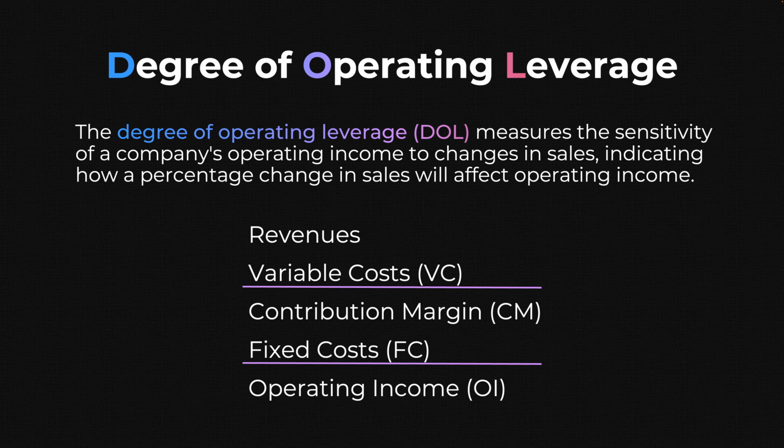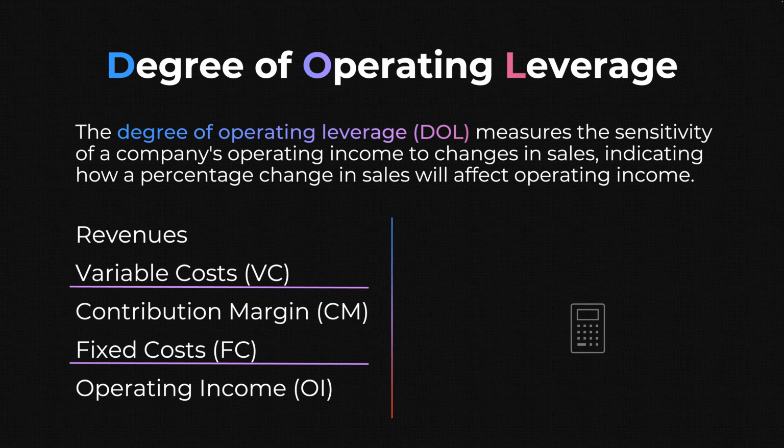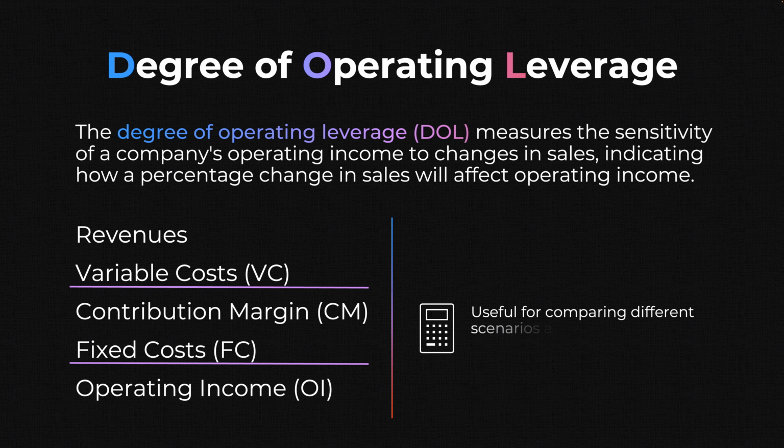However, if that level of sales were to change, revenues would change, variable costs would change, and this would all have some impact on operating income. So we can use the degree of operating leverage to help us calculate what that change in operating income will be. And this calculation is useful for comparing different scenarios and understanding risk for a given level of sales.